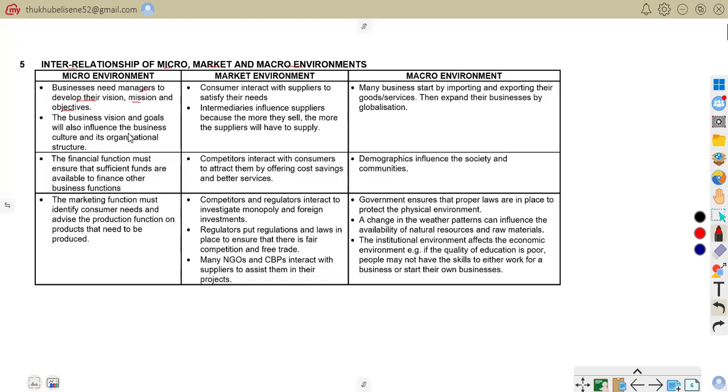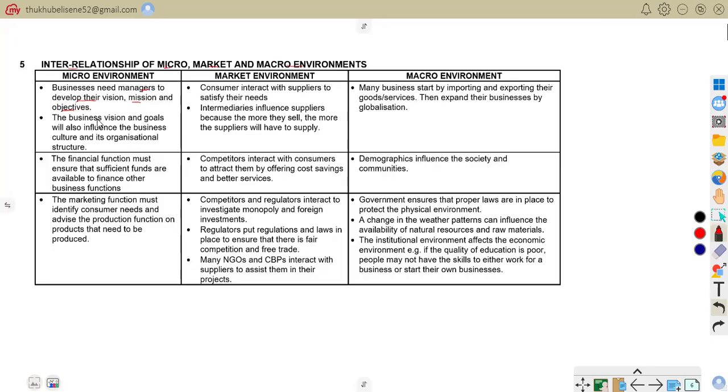It means that managers guide the business by setting goals and direction. For example, a manager decides the company's mission is affordable, clean energy. That is decided by the manager of the company.